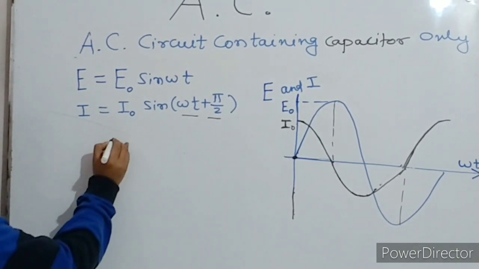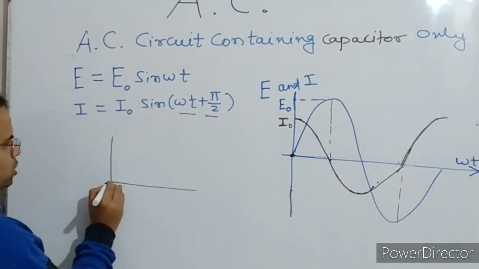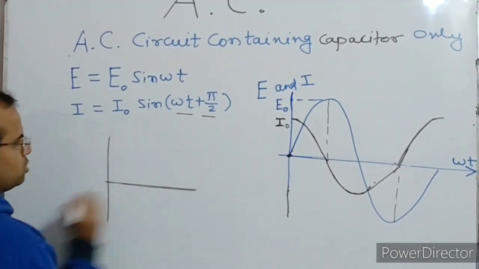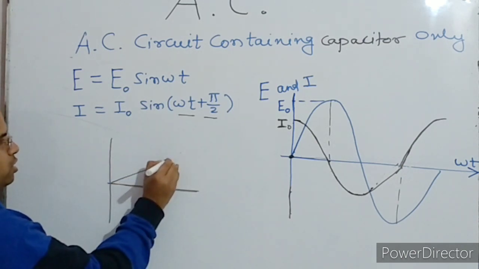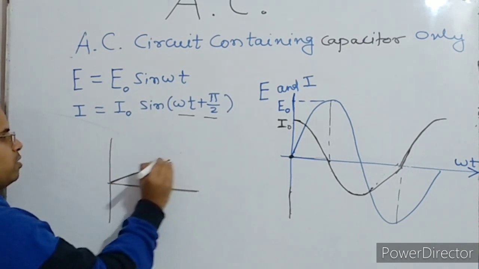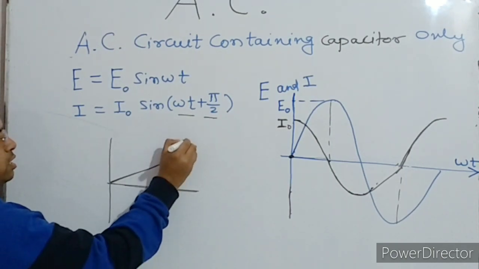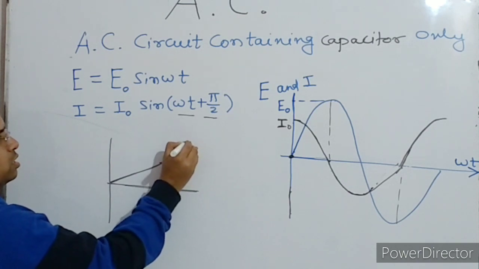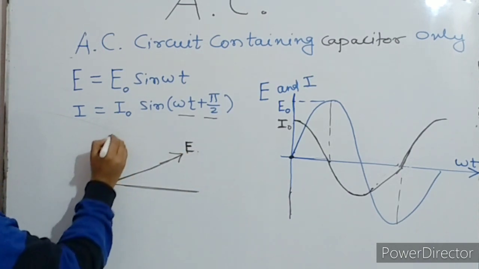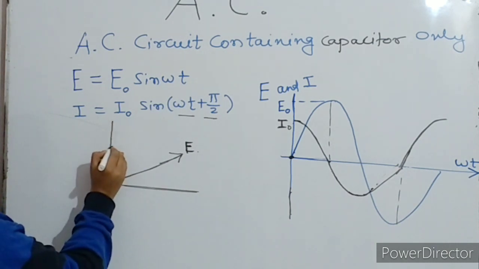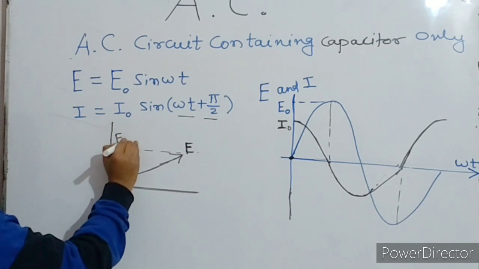Okay, as far as the phasor diagram is concerned, this is what we have. If the EMF is somewhere here, this is the EMF, and its maximum value is E naught.